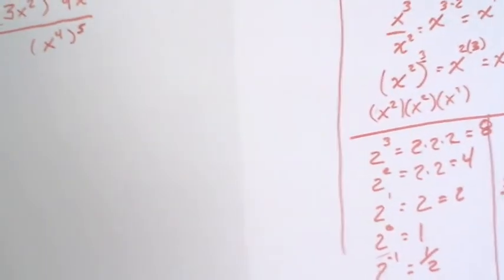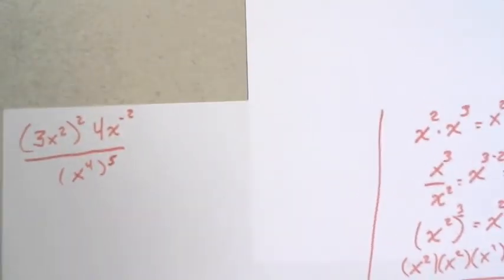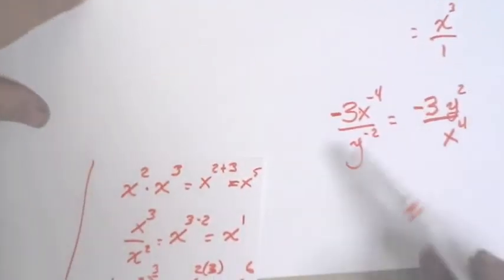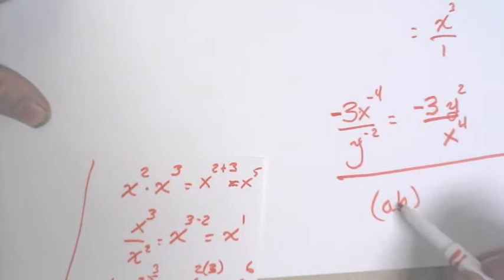So if we put these rules together to try to approach a problem like this, let me add one rule over here. The only one that we really haven't talked about is if you have a times b to a power. So let's say we have a times b squared.